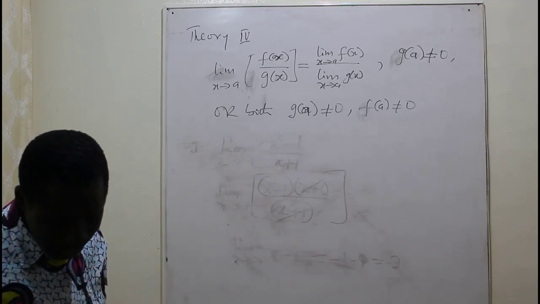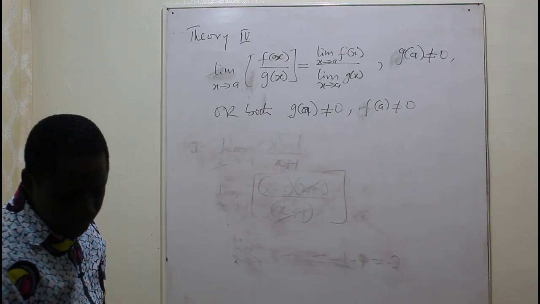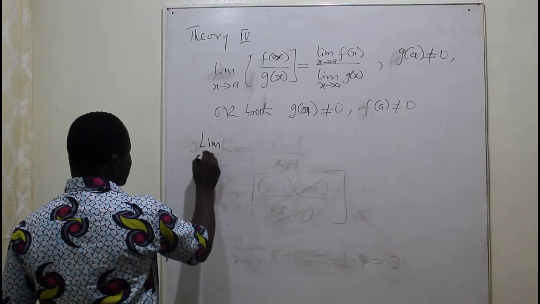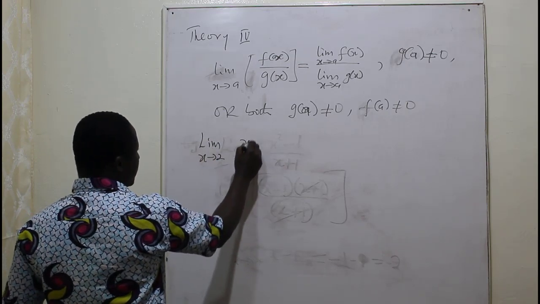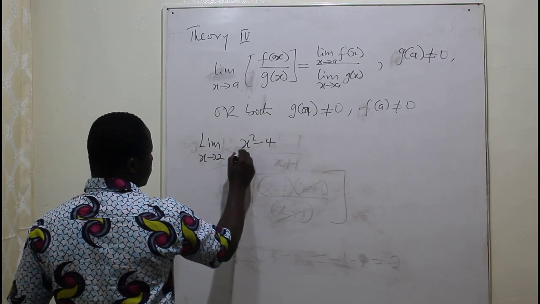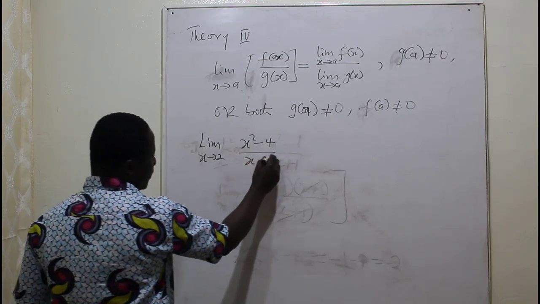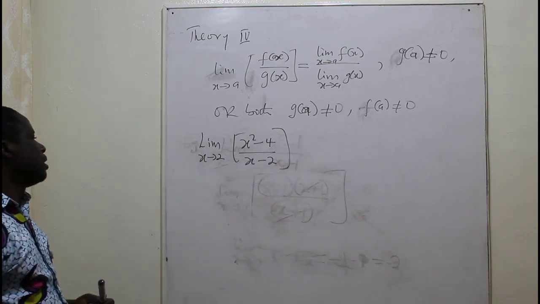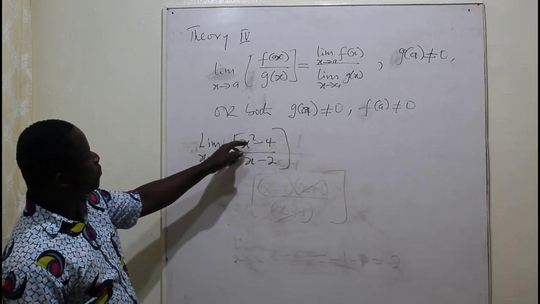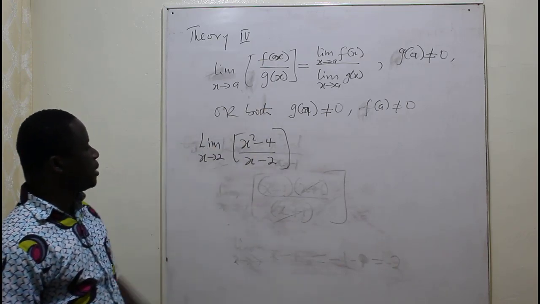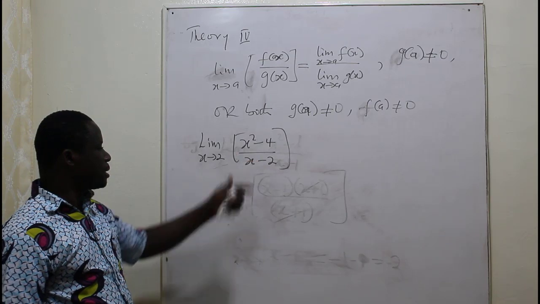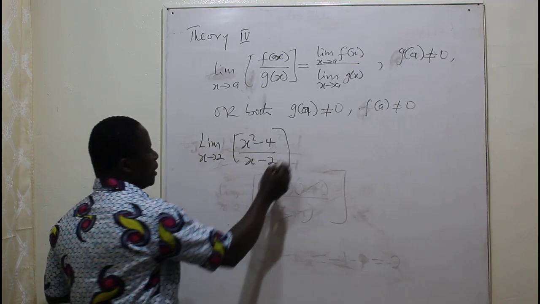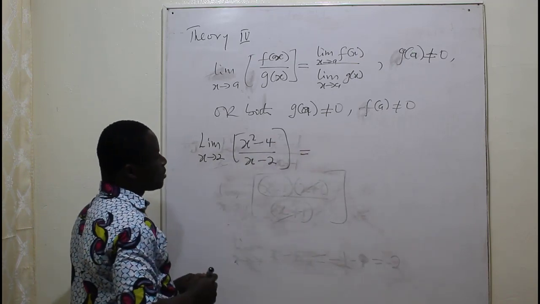Our example 2 is also like this. The limit as x approaches 2 of x squared minus 4 all over x minus 2. As x approaches 2, if you try to put it in, as the theorem says, the numerator will be 0 and the denominator will also be 0. In that case, we try to simplify. Let's look for linear factors of the numerator.